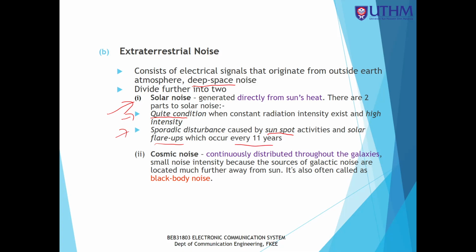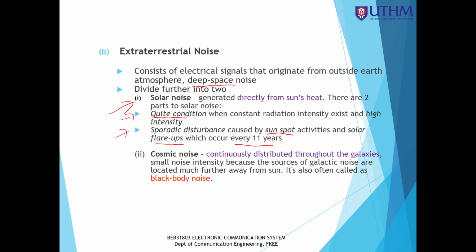Okay, so ini matahari itu seperti something like gunung berapi yang mana dia ada masanya, yang mana lava panas itu dia akan flare ups. Okay, so this one happens in certain years.